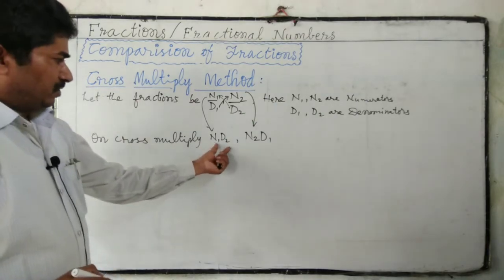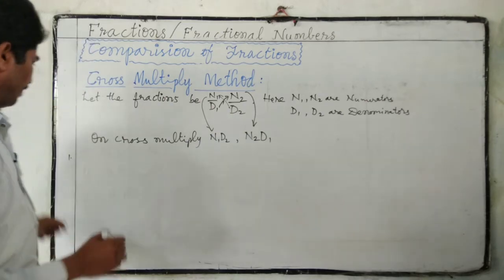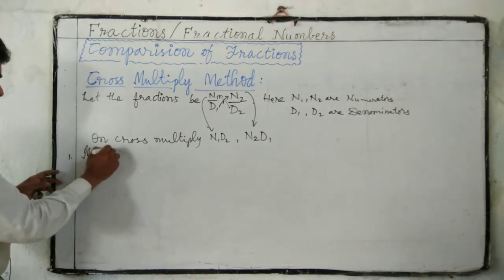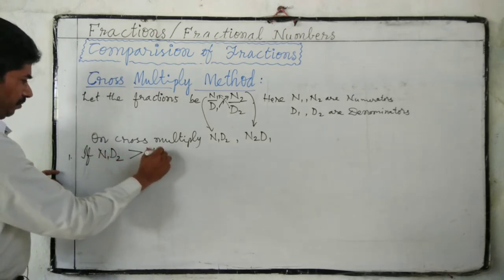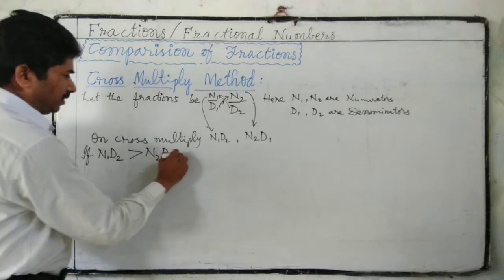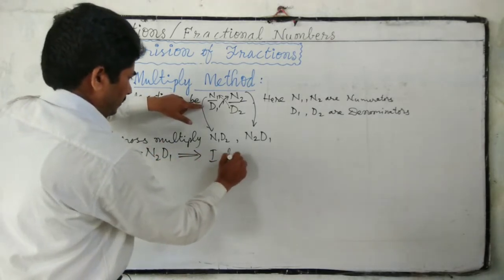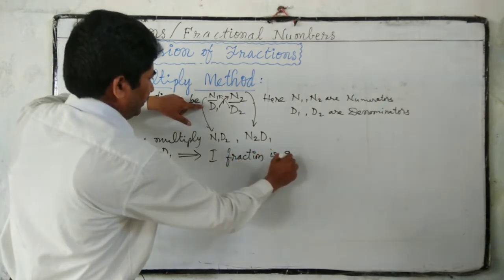If this is the first number and this is the second number, if n1 d2 is greater than n2 d1, then the first fraction is greater.